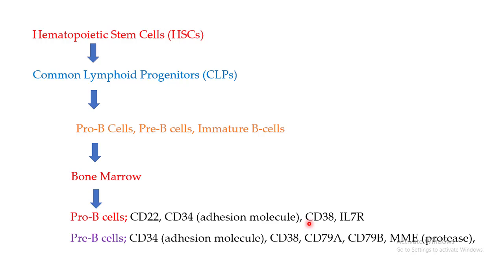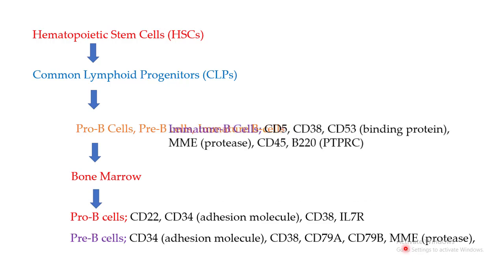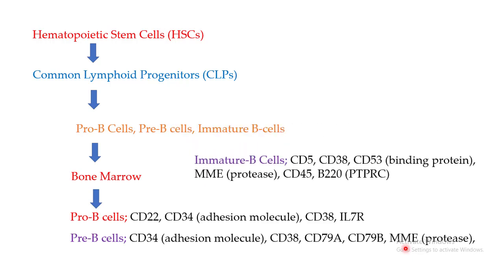So you are going through a developmental stage. You have got the CD79B. Again, this is not present on the pro B cells. And you have got a specific protease present in the pre B cell, which is known as the MME. And thirdly, when you talk about these immature B cells, they have got a different set of surface markers, like the CD5, the CD38, the CD53, which is again a binding protein, and the MME, just like the pre B cell, which is a protease.